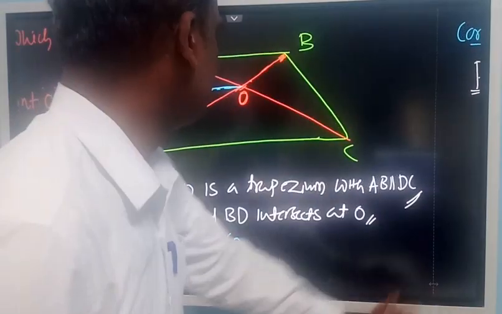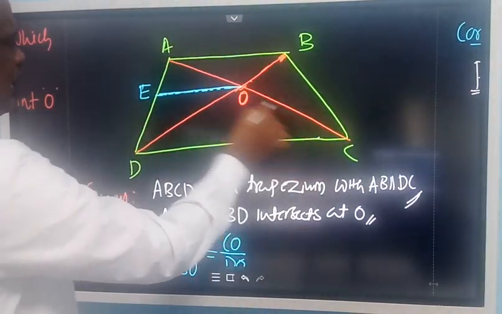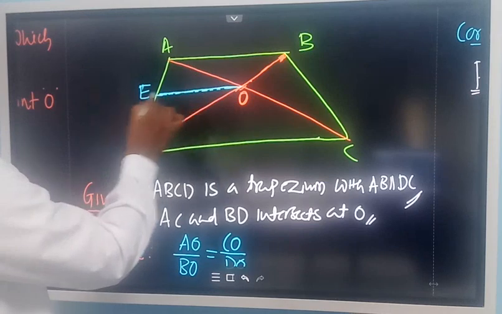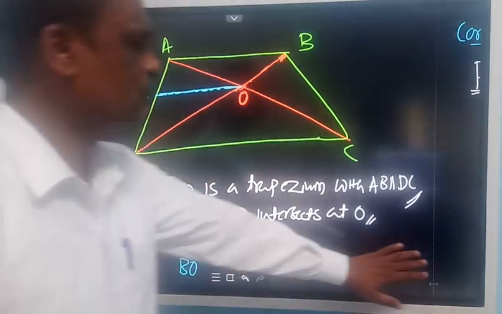Now look at the triangle here. You can select this triangle ADC.